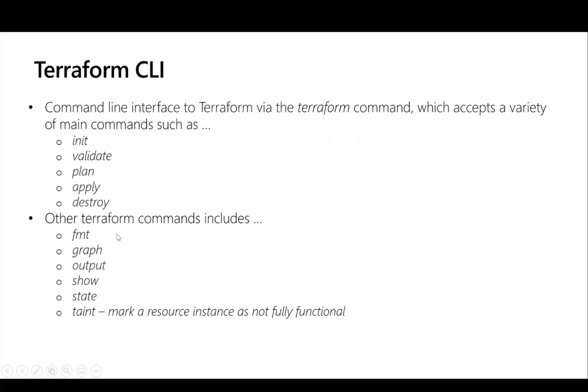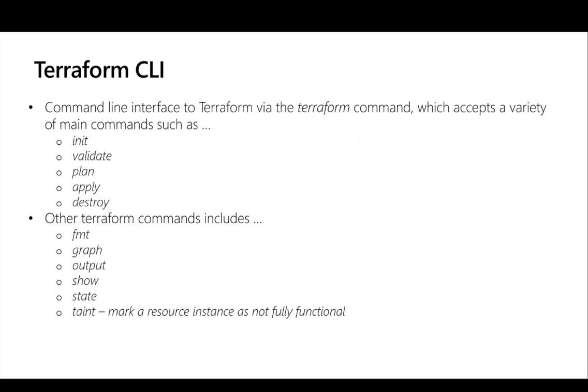So some of the common commands you would see are init, validate, plan, apply, and destroy. And other commands you might see are fmt for formatting, and graph. Graph is basically to visually show you the relationship between different resources you are provisioning. And one thing I forgot to mention about Terraform is that Terraform is very good at identifying the dependency between different resources automatically.